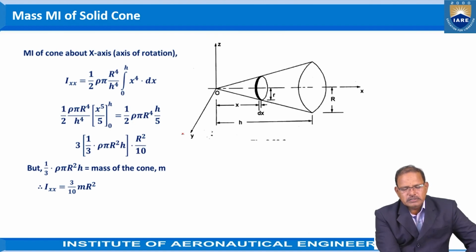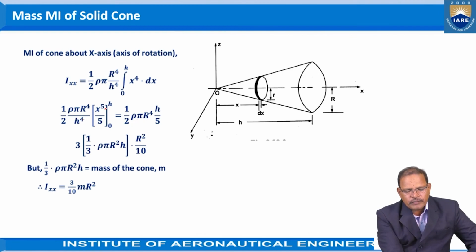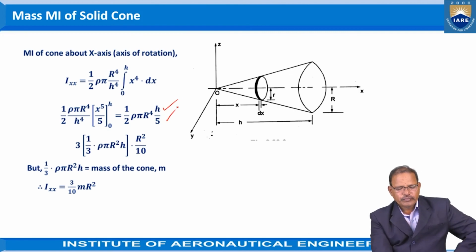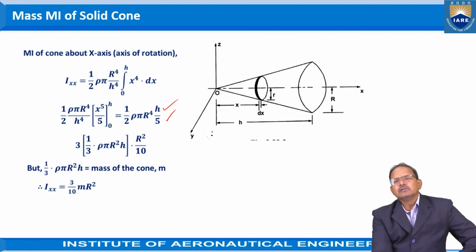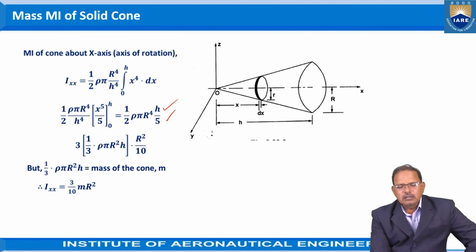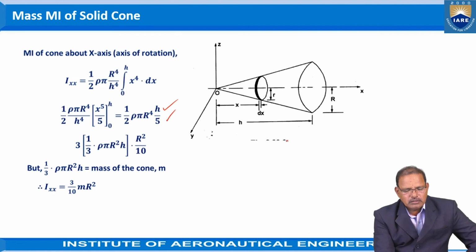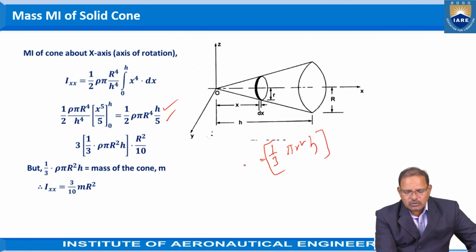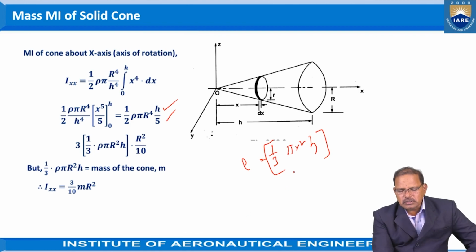Applying the limits, we get 1 by 2 into rho pi R to the power of 4. Here h to the power of 4 and h to the power of 5 get cancelled, and the remaining value is h by 5. Since the volume of the cone is given by 1 by 3 pi R square h, when it is multiplied by rho, it gives the mass of the cone.